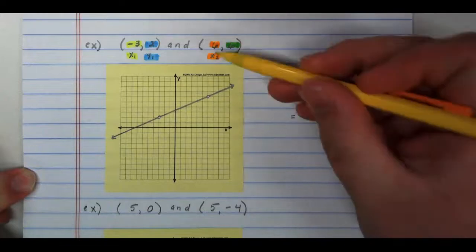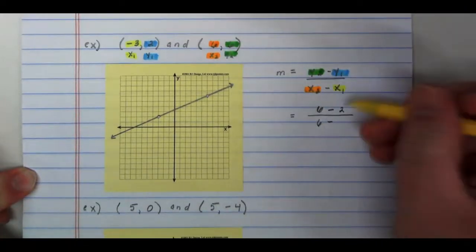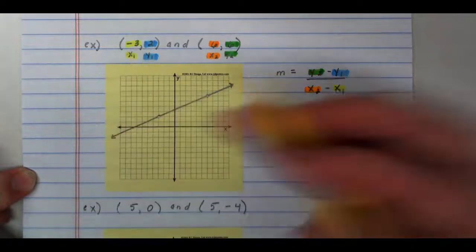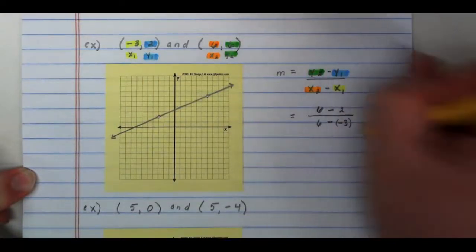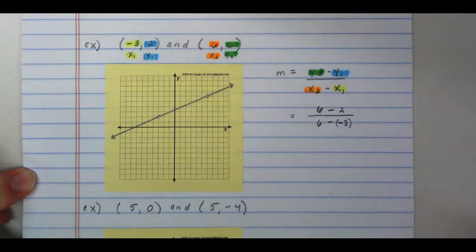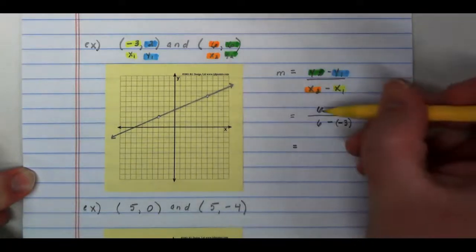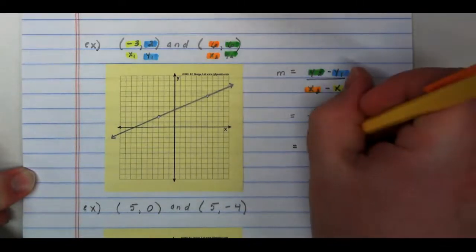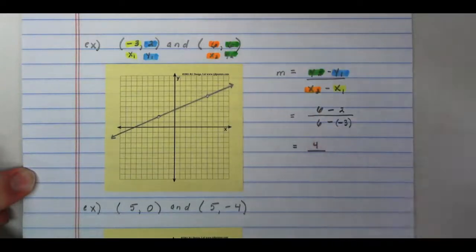Over x2, which is orange, that's 6. And x1, which is yellow, that was -3. Just going to put that in parentheses to show that that was a negative number. And now we simplify. The numerator, 6 minus 2, is 4. And the denominator, 6 minus -3, is 9.